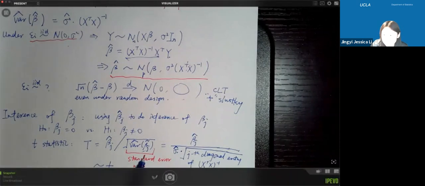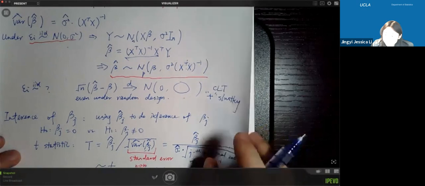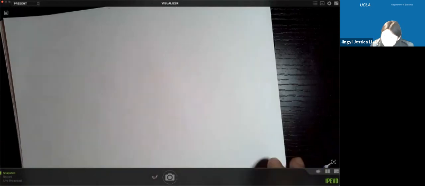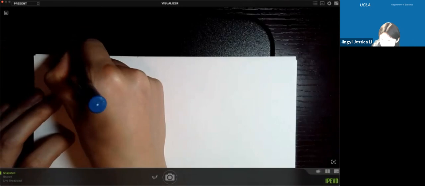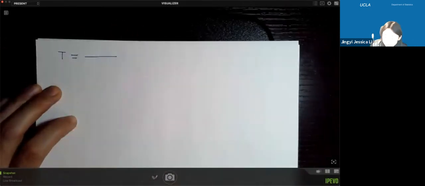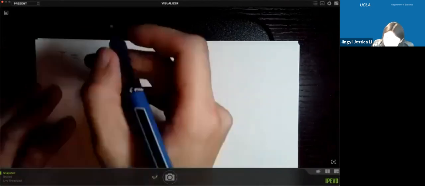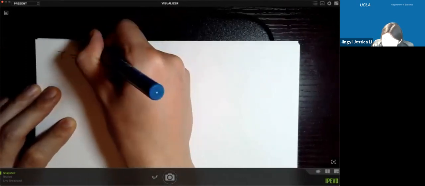Why is this a t-statistic? A t-statistic is defined to be a random variable that follows a t-distribution. Then we need to know what the key components of the t-distribution are. So for a t-statistic, we actually require a few things. First, it's defined to be a ratio. In the numerator, it must be a random variable that follows standard normal.